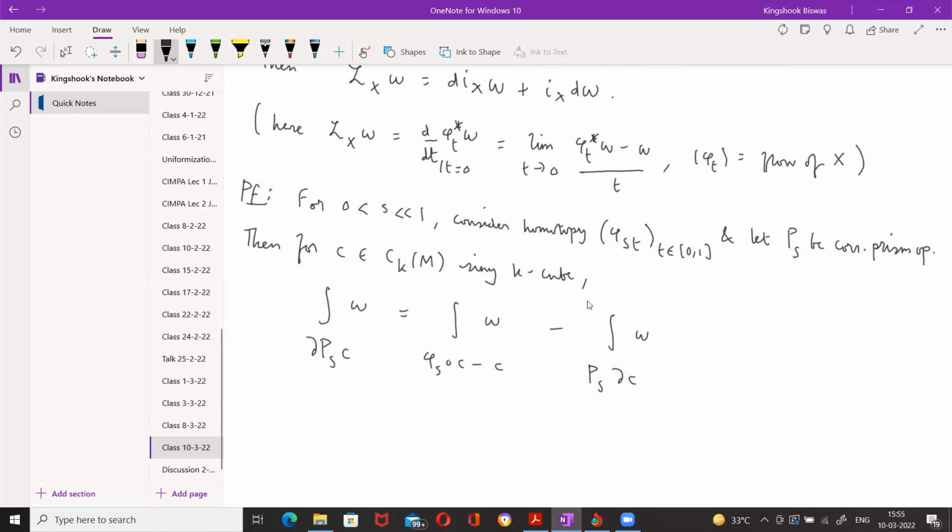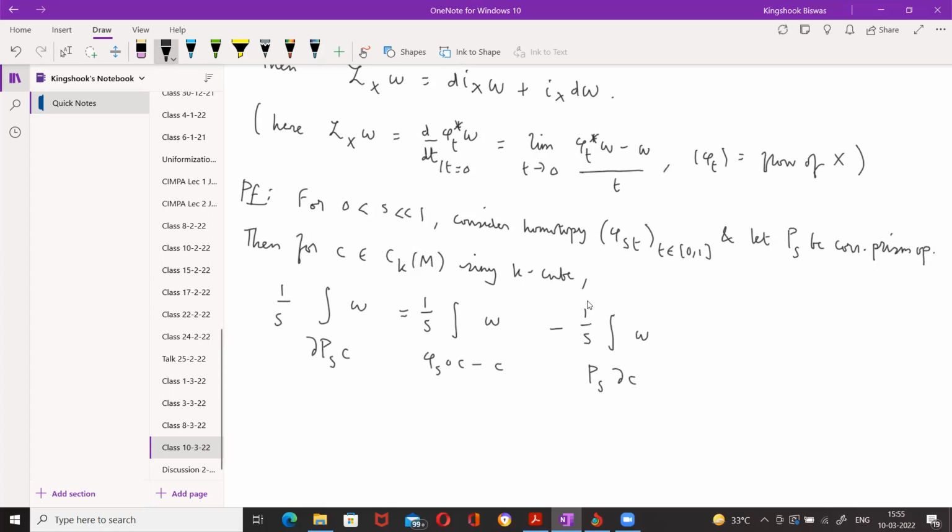Now let me divide everything by s. So I take 1 by s here, 1 by s here, and 1 by s here, and I'm going to let s tend to 0. So the left-hand side, what happens?